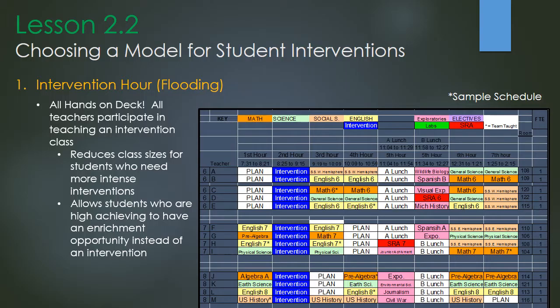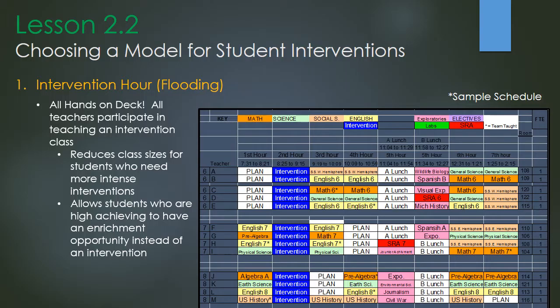So if you have some more higher functioning students in comprehension, then maybe their class sizes could be larger than maybe an intensive intervention for students that are really far behind. But the beauty of this schedule is it doesn't impact what other courses the students may have because they're getting their intervention. Now, with this schedule, you would have to double check your contractual obligations for prep time and so on.